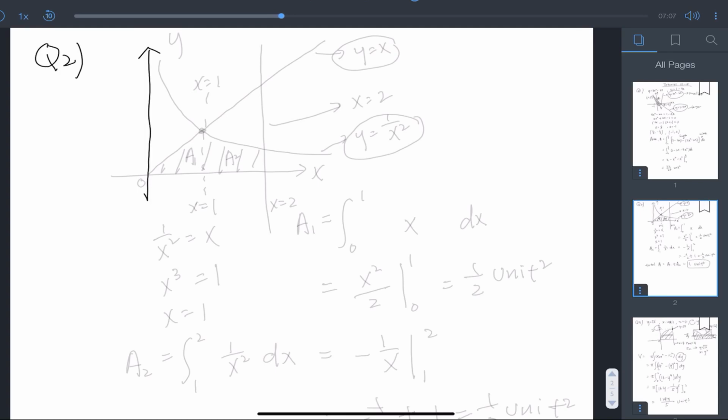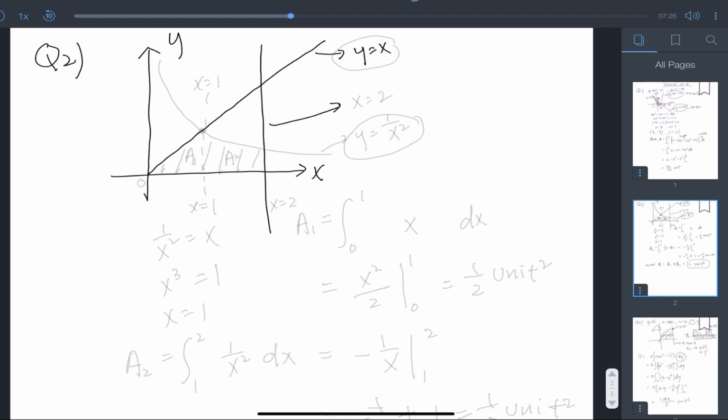For the first quadrant, this is the first quadrant, x-axis, y-axis. This is the line y equals x. And then the line x equals 2.